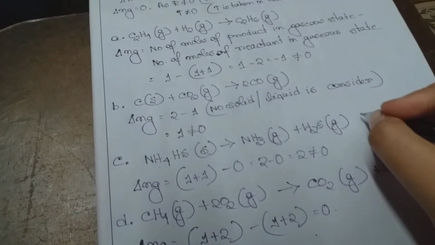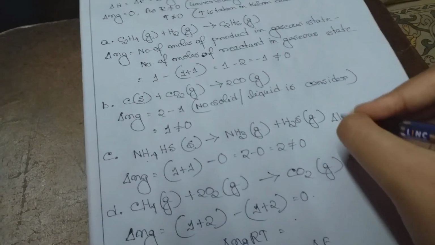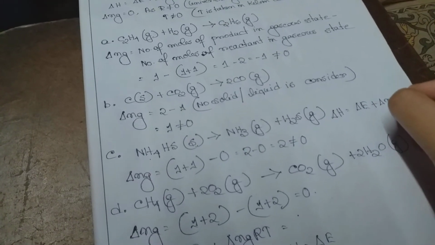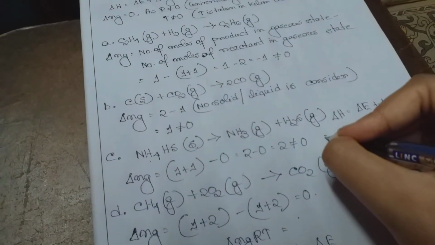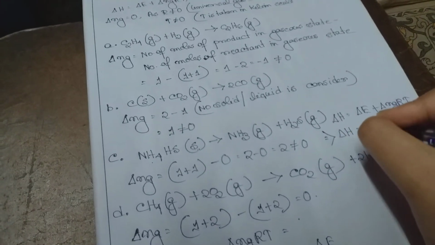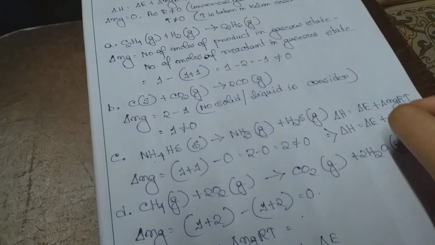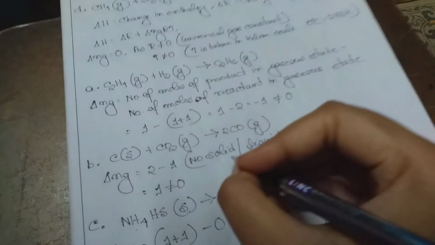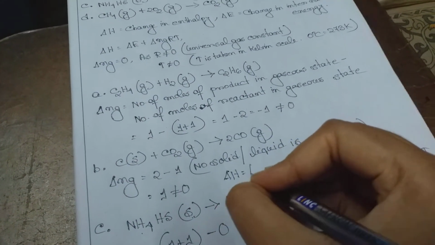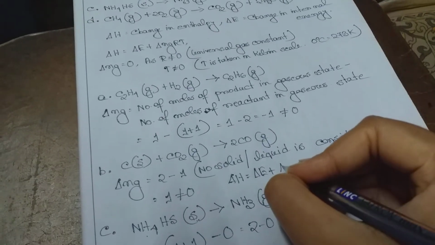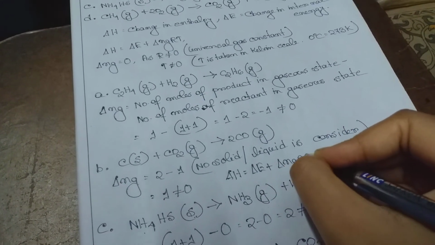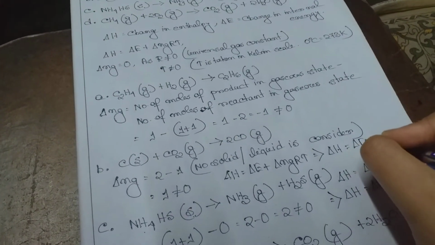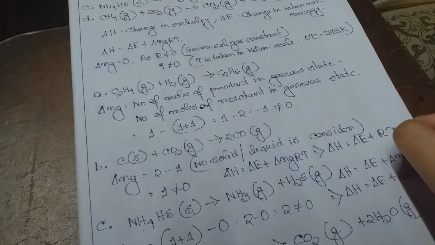In option C, delta H is equal to delta E plus delta Ng RT, so delta H is equal to delta E plus 2 RT. In option B, delta H is equal to delta E plus delta Ng RT, so delta H is equal to delta E plus RT.